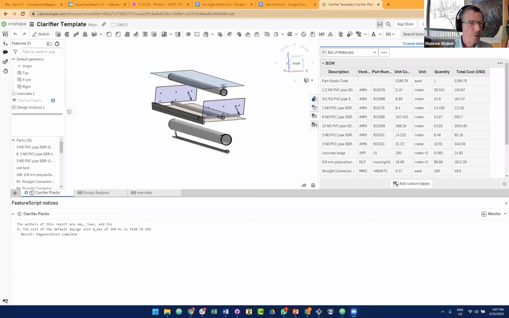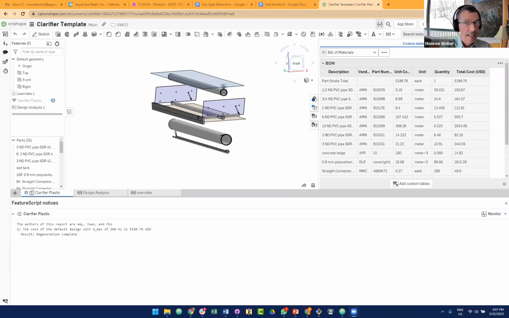Okay, and then I thought I would just share the screen again and show you this assignment that you're going to be working on, which is very different from what you did previously.